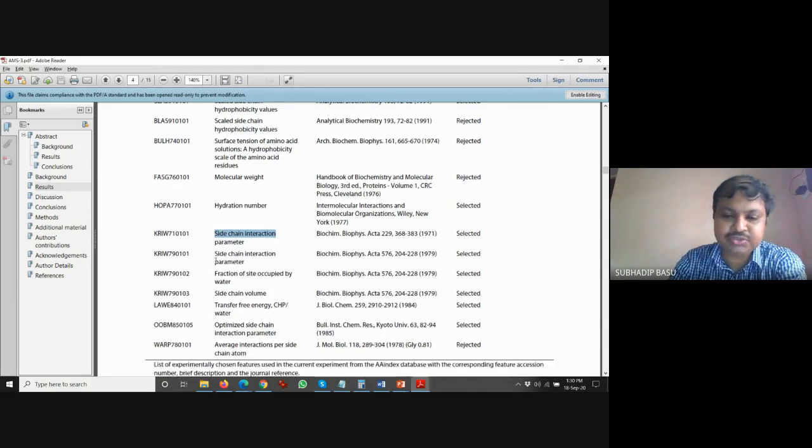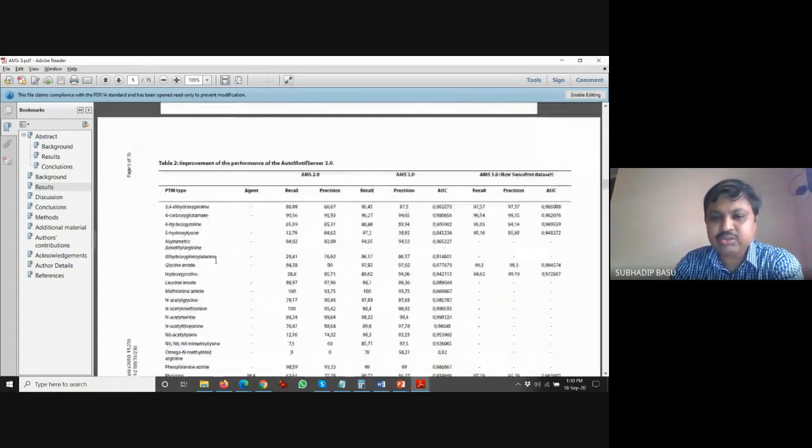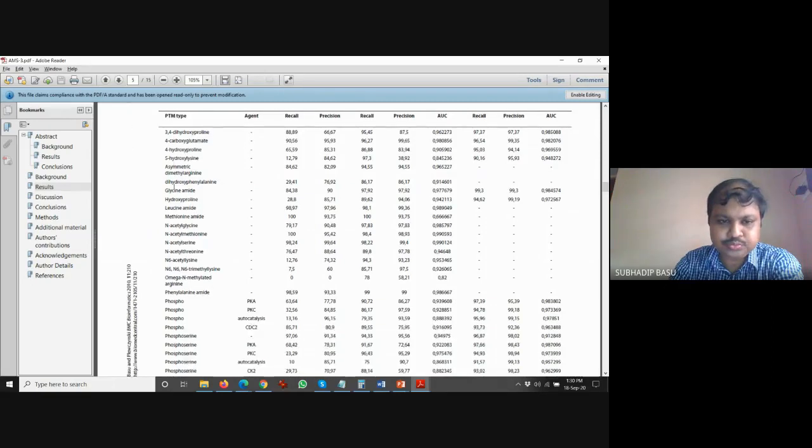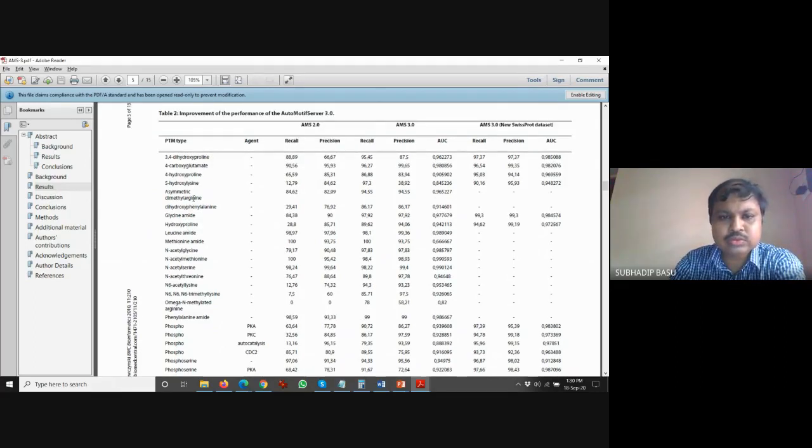There are many different features that were considered, and there was a previous version of the server. For a specific type of PTM, you can see the recall, the precision, and the performance of AMS-3 with the new data set.